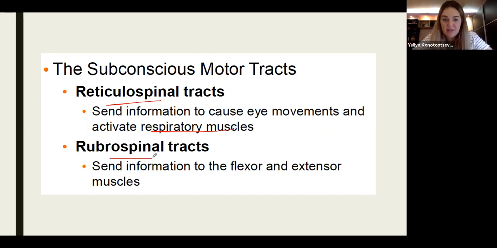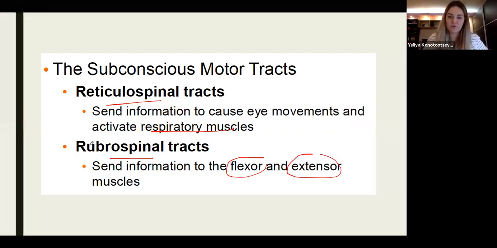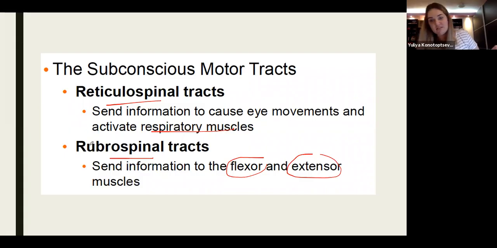The rubrospinal tract sends information to flexor and extensor muscles. So this tract is also the one for crawling. You remember, rubrospinal is for crawling, but it's also just in you particularly, because you're not a baby, any information to flexor or extensor. So say you're falling and suddenly you need to make sure that you aren't falling, right?